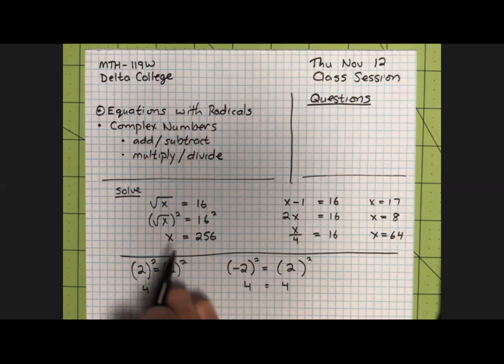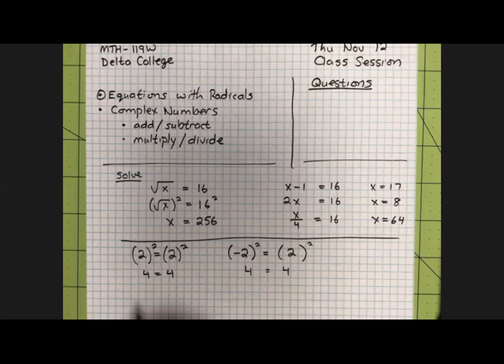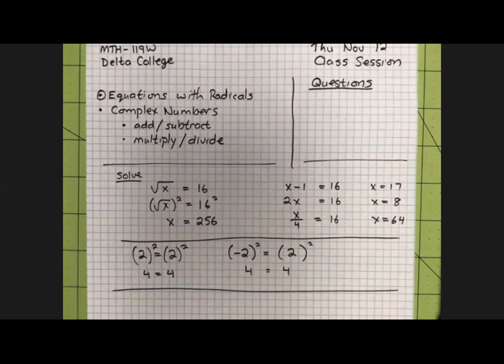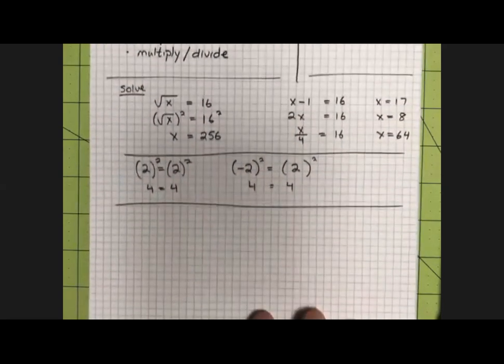And what that does in an equation like this is sometimes it can make a new equation that has an answer that doesn't work in the original equation. Okay, so let's take a simple example, and then I'll show you an example where you actually get this strange failure.